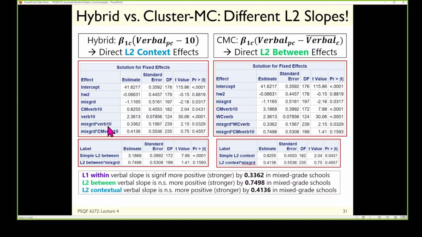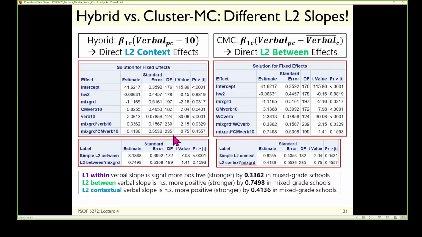On the left here, this is the extent to which the within effect of verbal varies by mixed grade. That is exactly what it means on the right-hand side as well. But the only reason it means that on the left-hand side is because of this level 2 interaction that I've added. Whenever you do something to the level 1 part, you've got to do it to the level 2 part if you're in constant centering here.